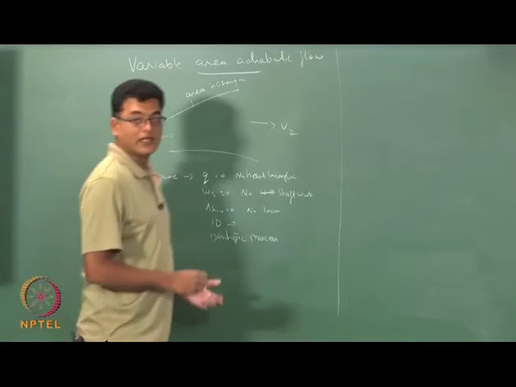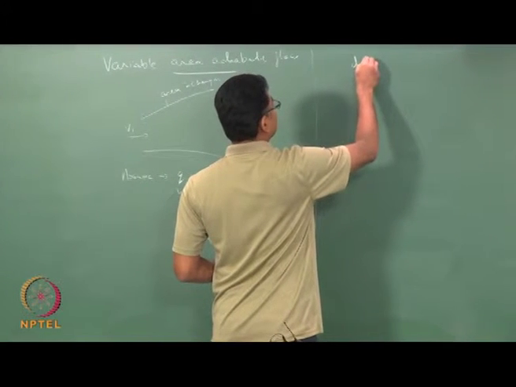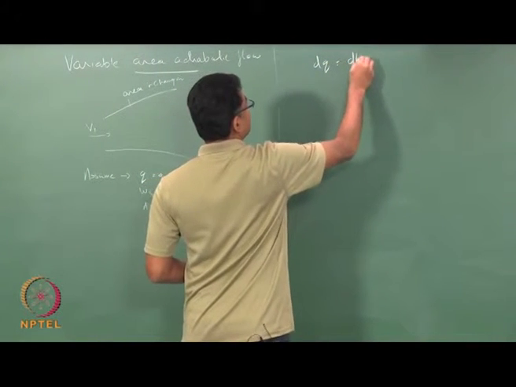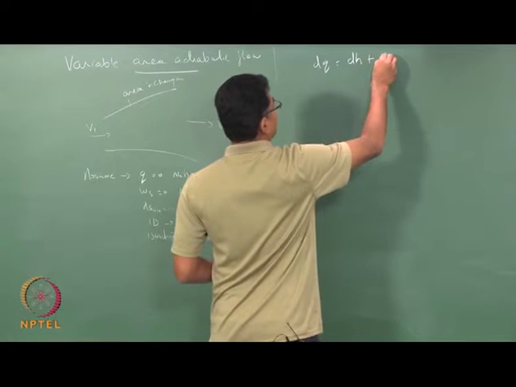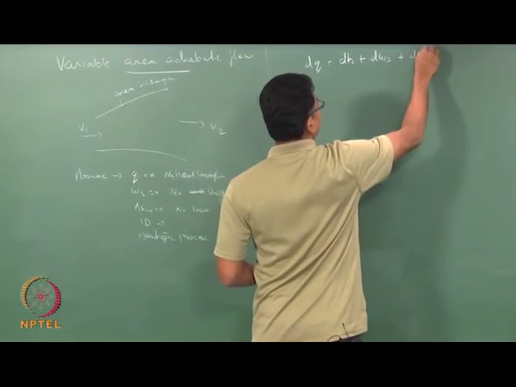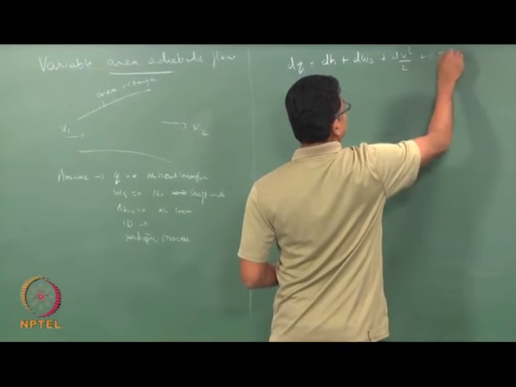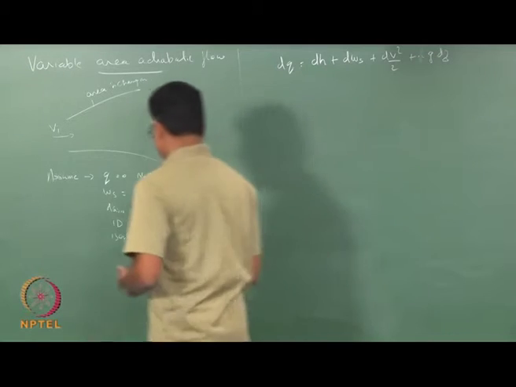So, I write the energy equation in the differential form. This would be dq equals dh plus dws plus d(v square by 2) plus g dz. I also assume no potential.